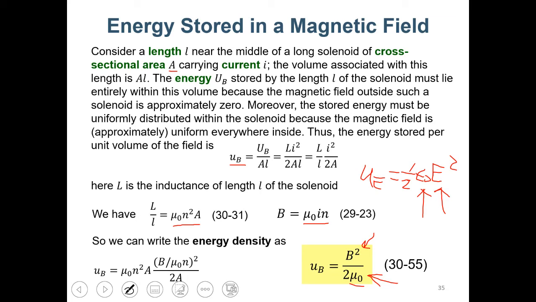So they are symmetric in some sense. Actually, we will see these two in chapter 33, the EM wave. We'll talk about the Poynting vector in that chapter, which is the energy propagated by an EM wave, which is related to these two quantities.